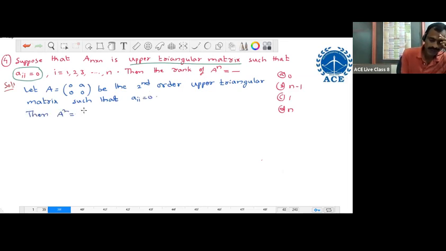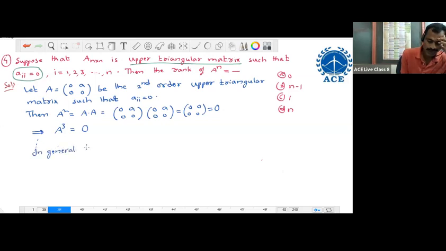Then A square equal to A into A, [0, a; 0, 0] into [0, a; 0, 0], equal to the 0 matrix, which implies A cube equal to the 0 matrix, and so on. In general, A power n equal to the 0 matrix for a 2 by 2 matrix.